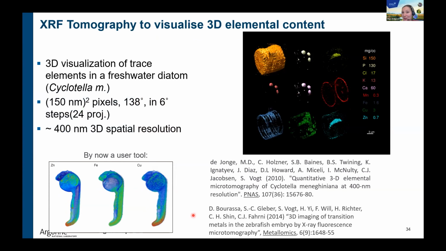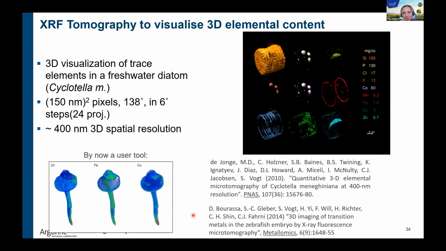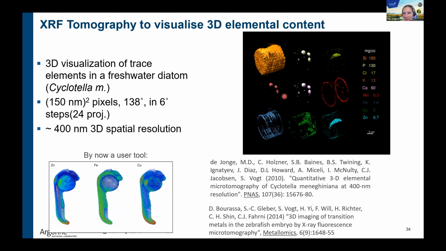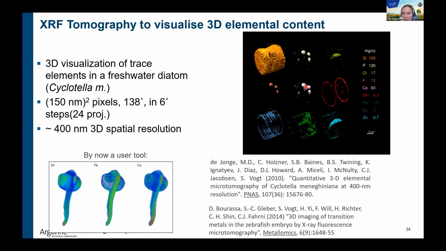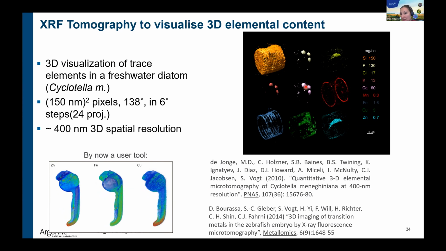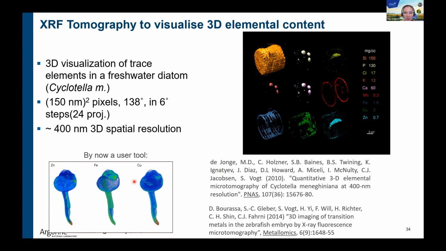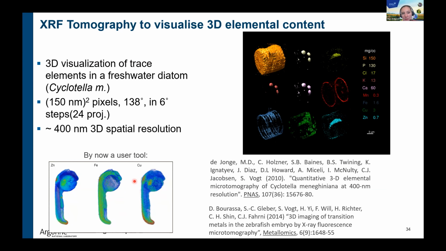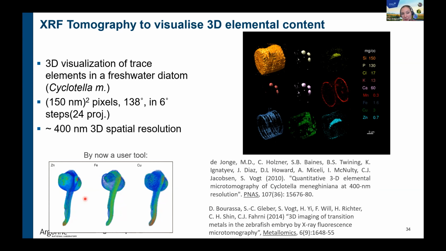And if we have enough time, we can also do tomography on this kind of marine samples. We can visualize and segment components of the microbes, cells from the ocean, or we can even visualize in 3D a zebrafish embryo, like this one, which is just the native zebrafish embryo.